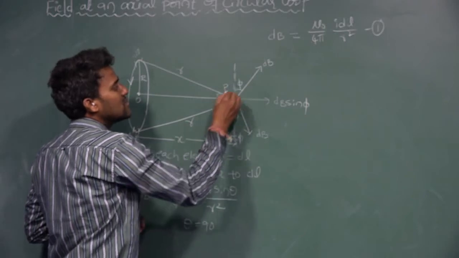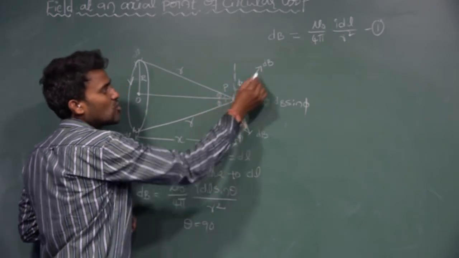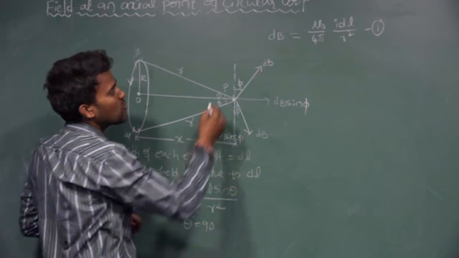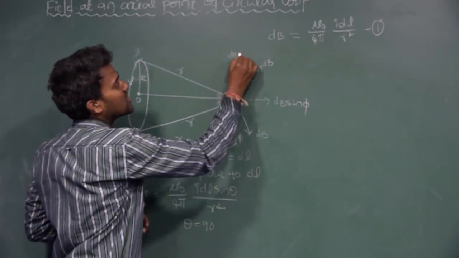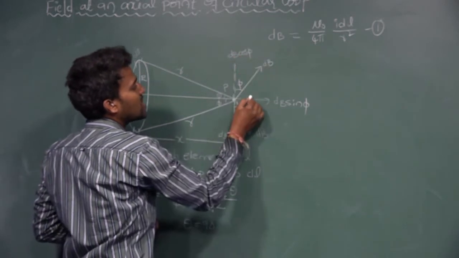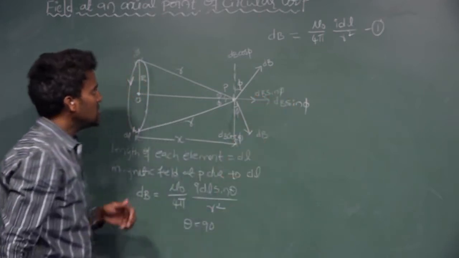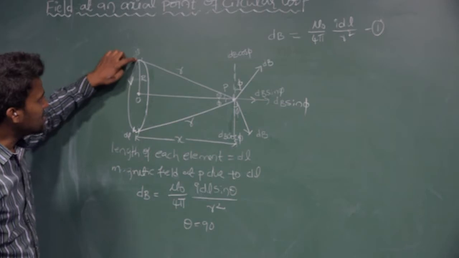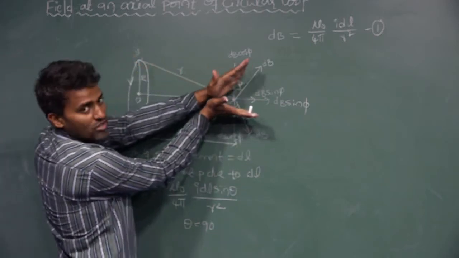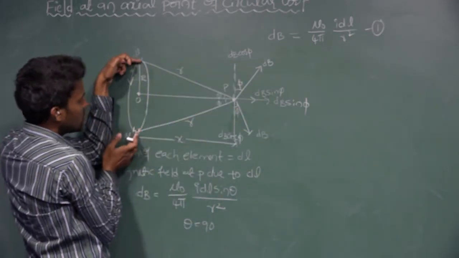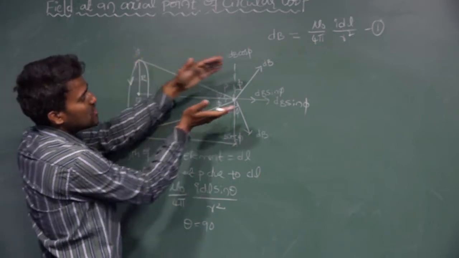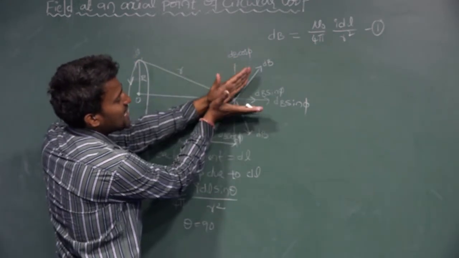Now dB can be resolved into two components. One is the horizontal component dB cos phi, and the vertical component is dB sin phi. Due to the two opposite elements, the two dBs are acting along this direction.